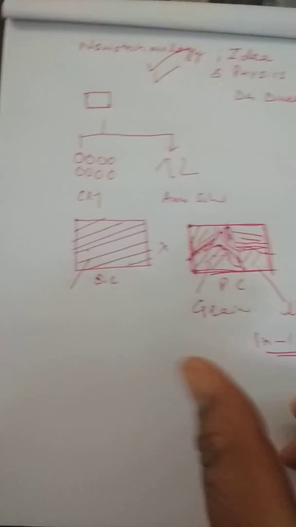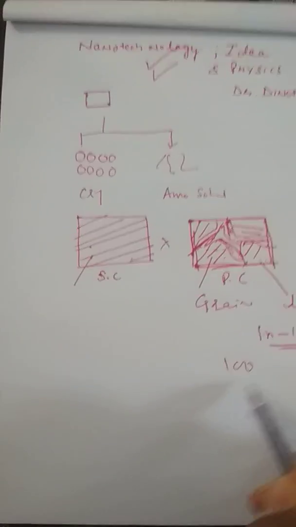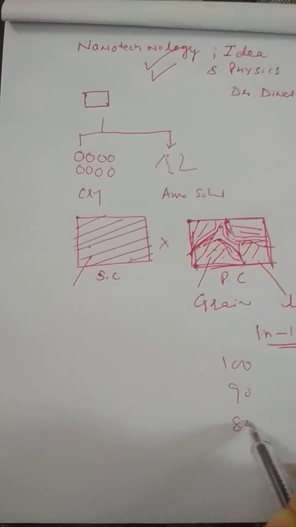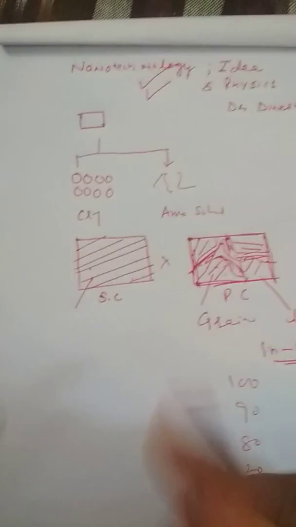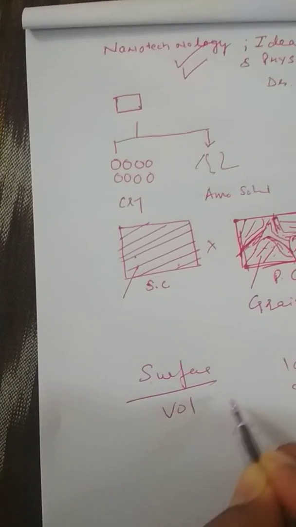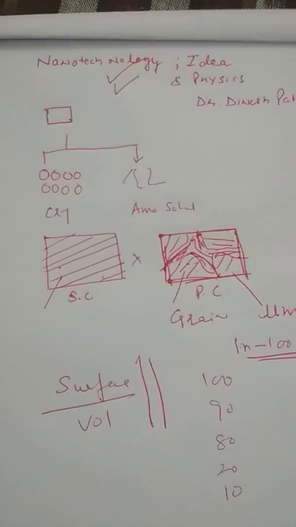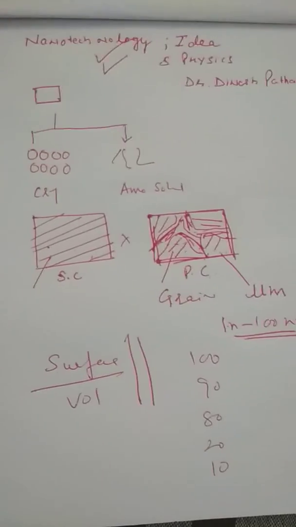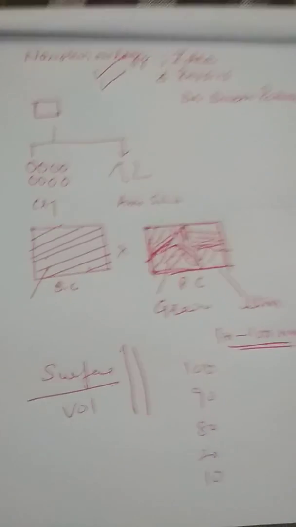So when we reduce the size from 100 nanometer to maybe 90 nanometer, or to 80, to maybe 20 or to 10, then this factor dominates, that is, the surface to volume ratio becomes quite high, and that is why the properties of these materials are very different from single crystalline or amorphous materials.